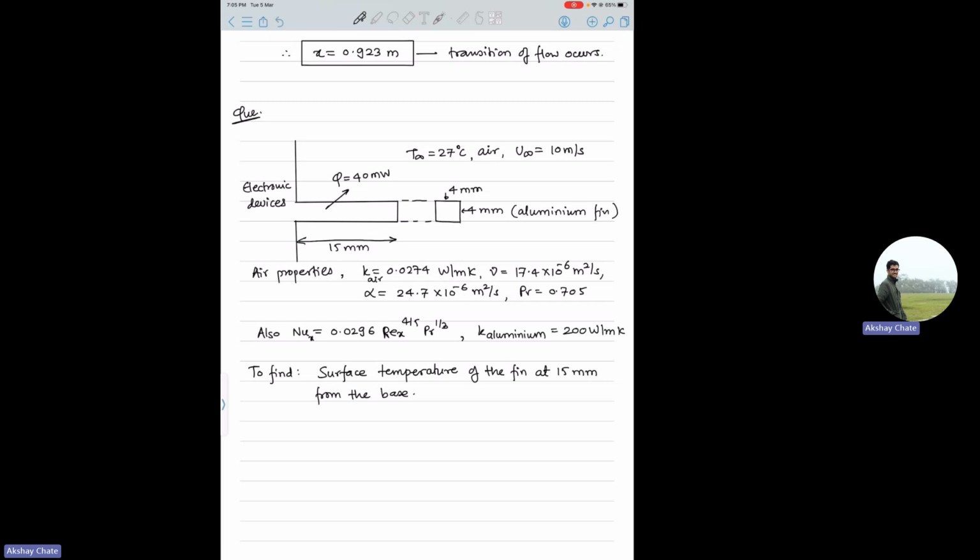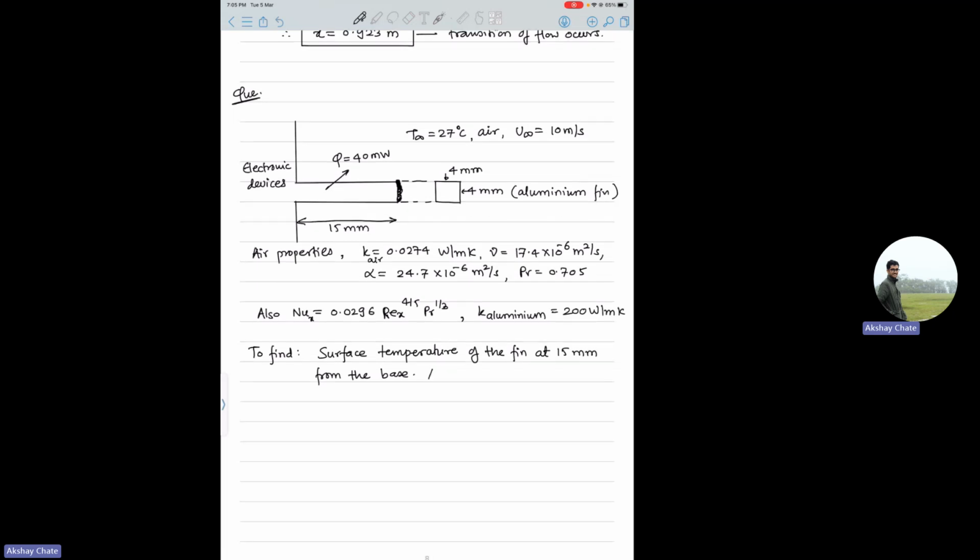So basically you need to find the surface temperature at this end of the fin, and they have mentioned to assume an insulated tip for the fin. So the problem is like this. Yeah, so everything is given here.